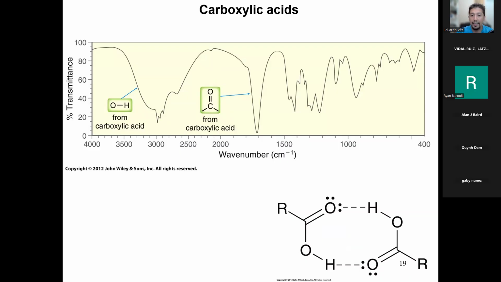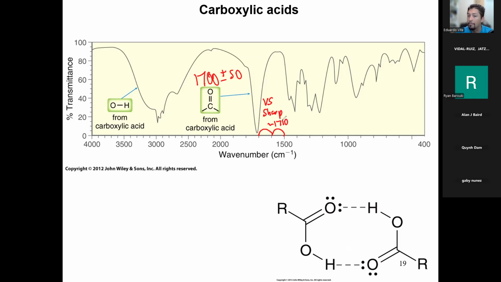For example, carbonyls we usually find at 1700 plus or minus 50. General rule. Here's 1500, there's 1600, here's 1700. And look at that, there is a very strong, sharp peak at around 1710 maybe.